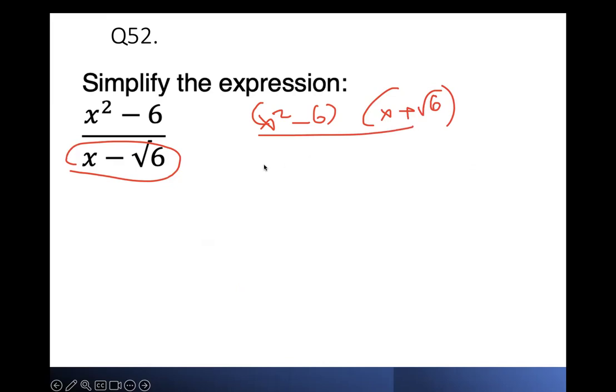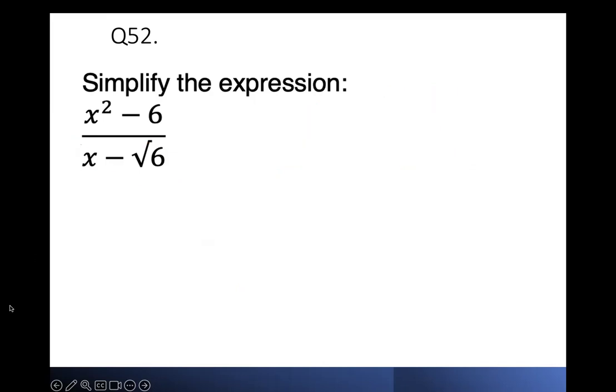And the under portion, you have 1 minus square root of 6 all multiplied by x plus square root of 6. When you simplify this, it's going to be x squared minus 6. This cancels, and you have x plus square root of 6. That's your right answer. Straightforward, right?